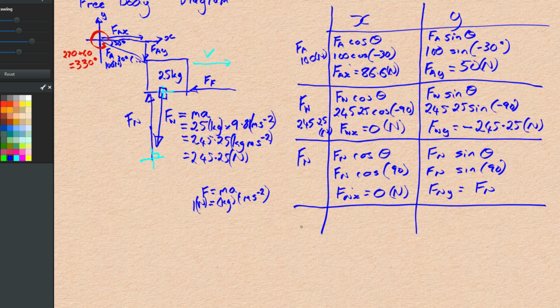And then our final thing that we have to write in our diagram is our friction force, Ff, which we don't know the size of. We can observe the size of it should be the same as Fa in the x direction, but we'll just double check that with all our maths.